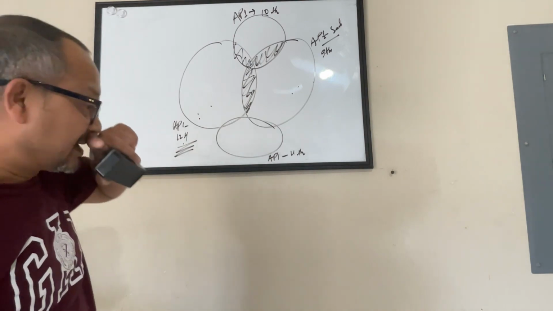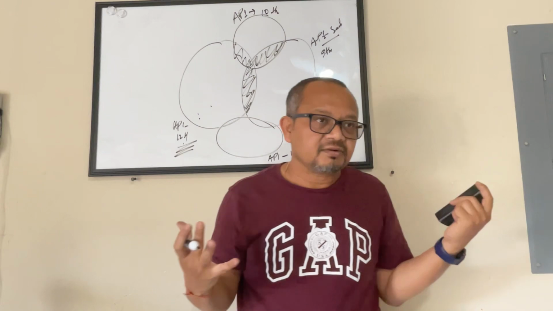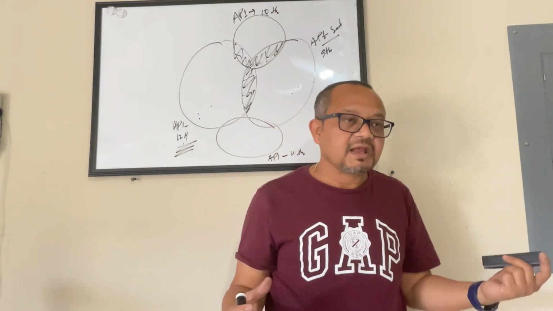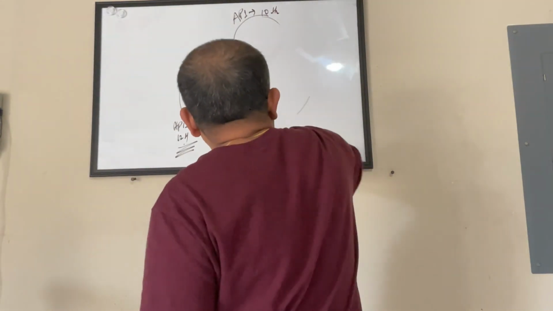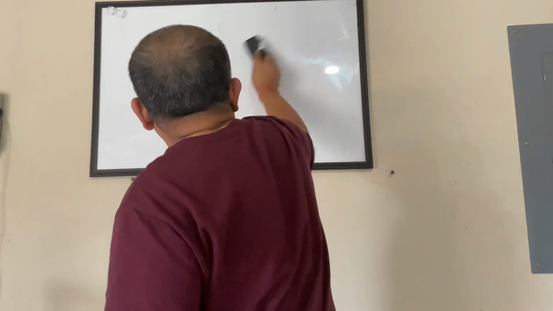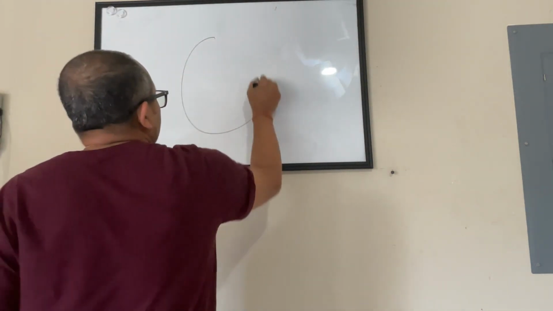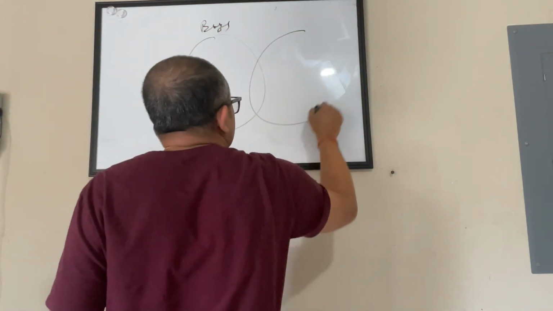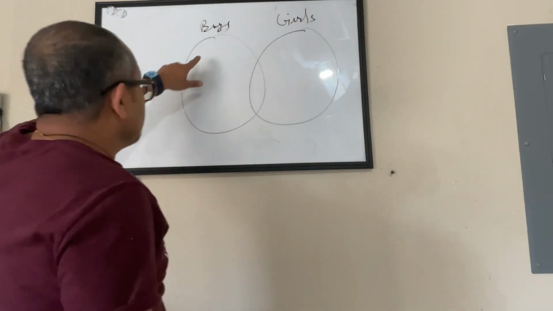So what I'm trying to depict is when you have two sets of data and some data is common between both the sets. Let me give you a simple example. Let's say in your class, this is the boys and this is the girls.